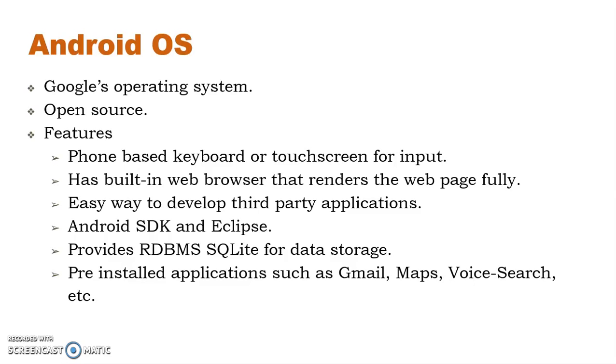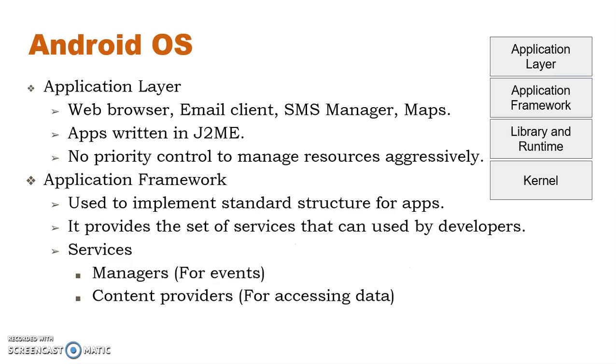Third-party application means mobile app. Android SDK is the Android software development kit, along with Eclipse. It provides the RDBMS SQLite for data storage. Pre-installed applications such as Gmail, Maps, Voice. These are some pre-installed applications in Android.